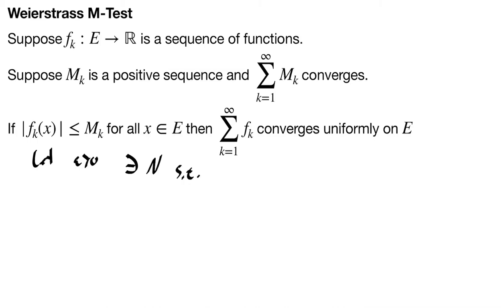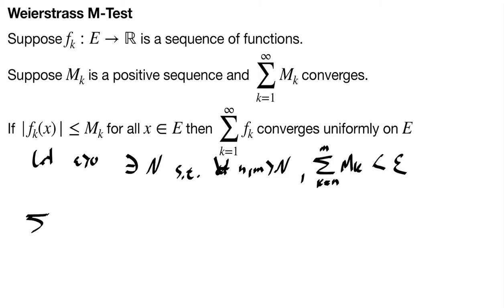So I'm going to say there exists a capital N such that for all n and m greater than capital N, and we'll assume that n is less than m, the sum as k goes from n to m of M sub k is less than epsilon. So basically we're just picking capital N big enough that this sum is always less than epsilon.